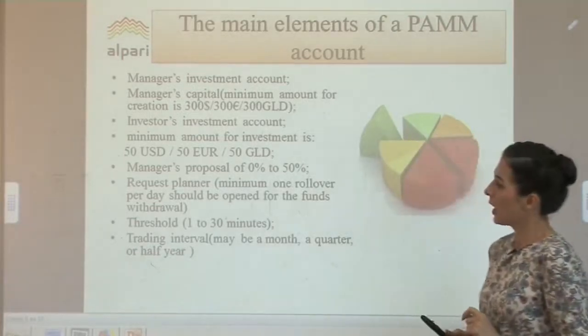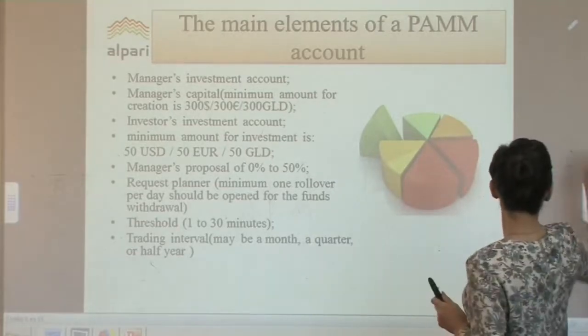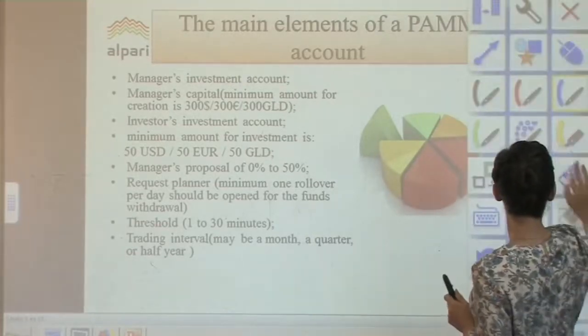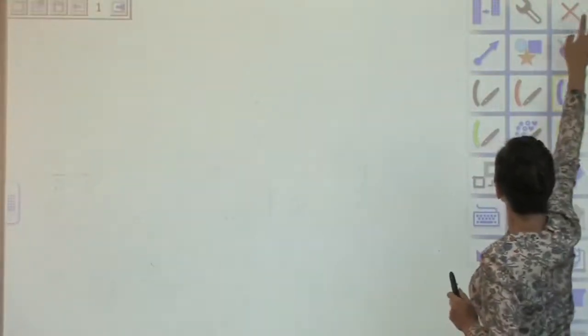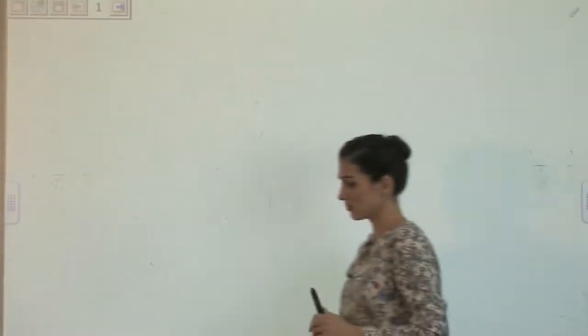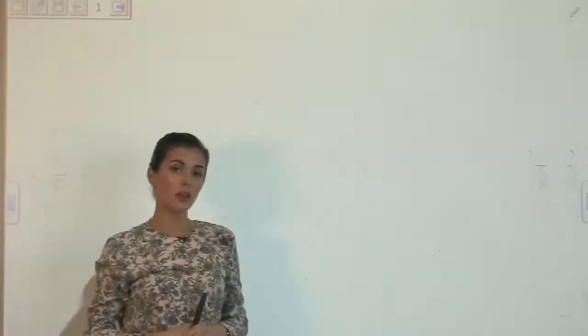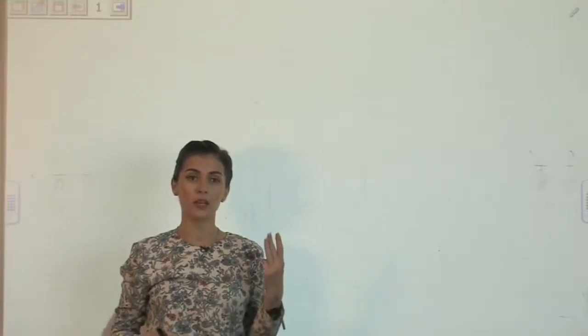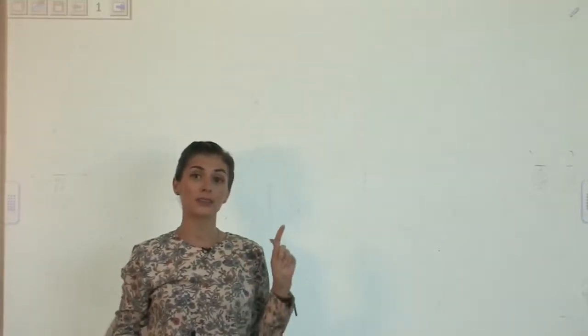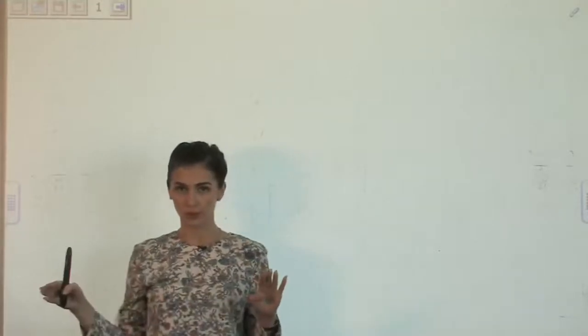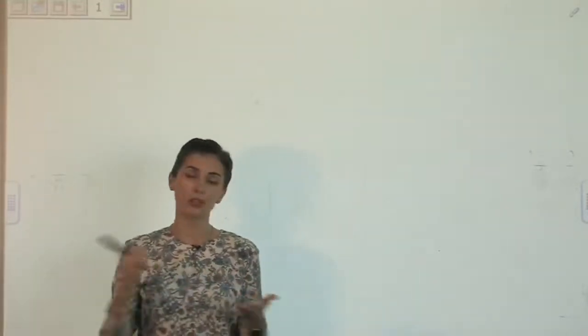And now let's speak about this specifically. Go to the next page. As I said, after the trading interval, if the PAMM account shows a profit, there are three most important parameters in your investment account: the balance, the equity, and the clean equity without the reward, without the manager's remuneration.